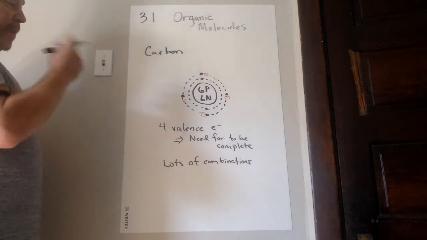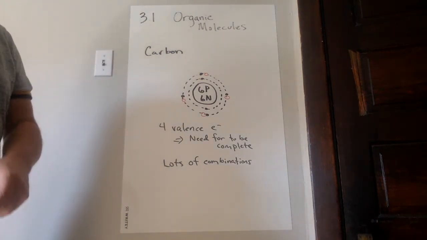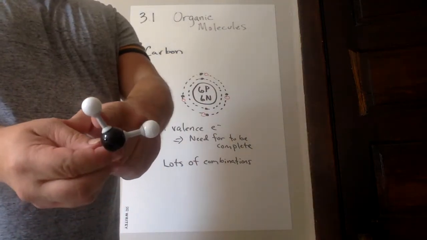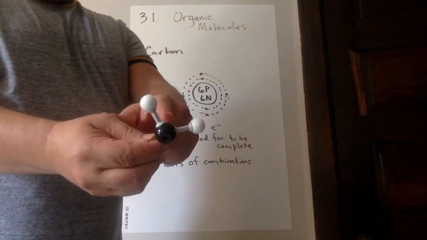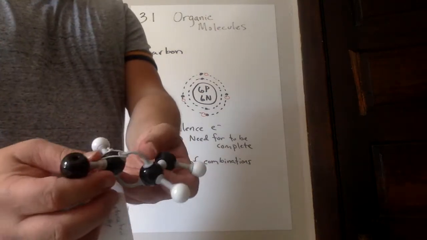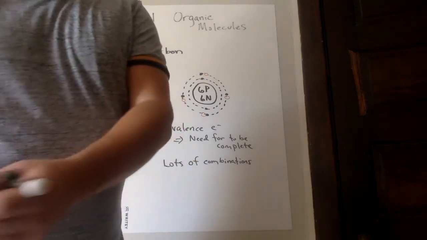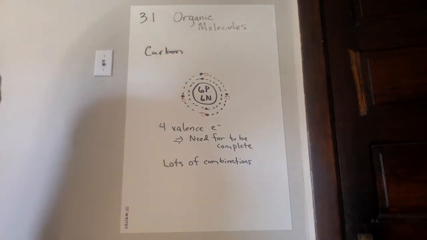And because of this, carbon can form lots of different bonds, and we saw this in our lab. So we saw that carbon could form single bonds. So here we have a carbon atom and a hydrogen, and we can see a single bond between them. Or as we just saw in our fatty acid, you can see that it can form double bonds. It can also form at times triple bonds, although that's not as common.